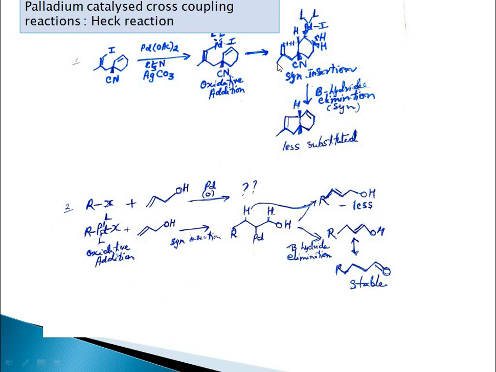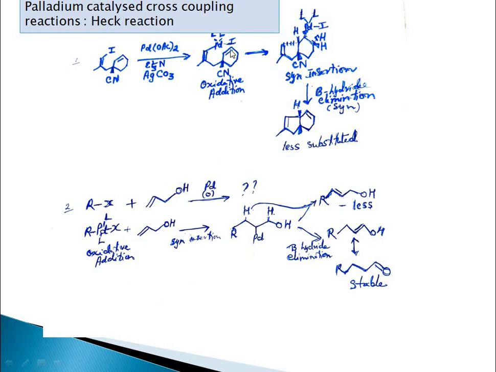If this is dash, because this CN is along the wedge, this C-C should also be along the dash, away from us. Otherwise, if this is away from us but this is towards us, no ring will be formed. So in order to form a cyclopentane ring, this carbon will break away from this Pd and form a bond with this carbon, which is away from us. And this carbon is also away from us, so they are both on the same side, away from us. And hence a cyclopentane ring will be formed here.